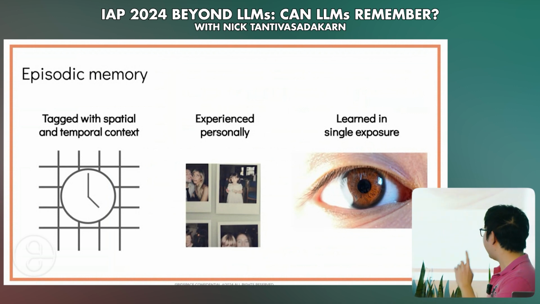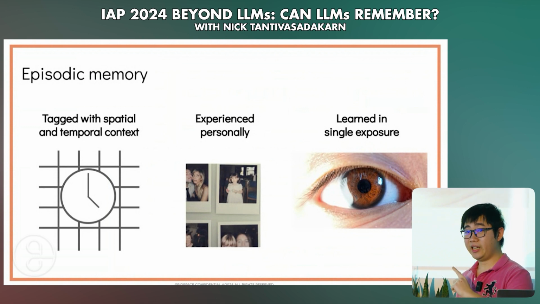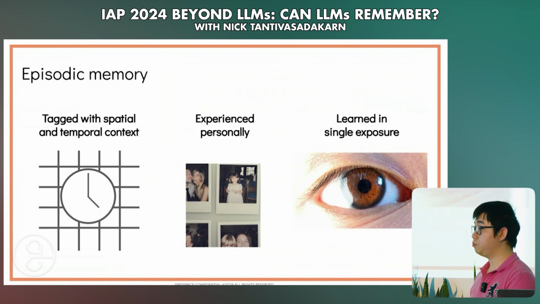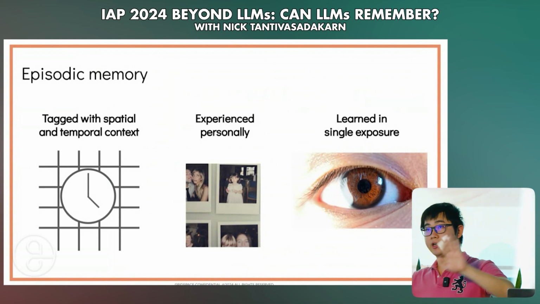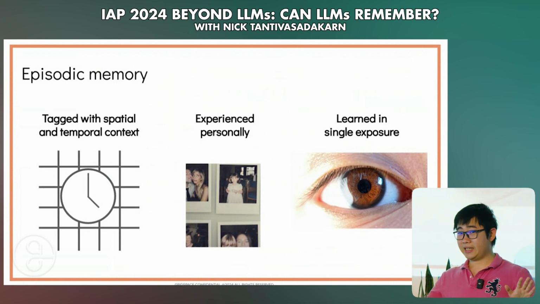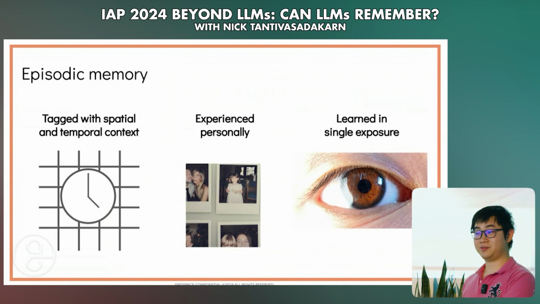And finally, the other cool thing about episodic memory is that it is learned in a single exposure. The main difference from, say, working memory and what I will explain later in semantic memory is that events don't really repeat. You just experience it once, and then somehow, you remember it.